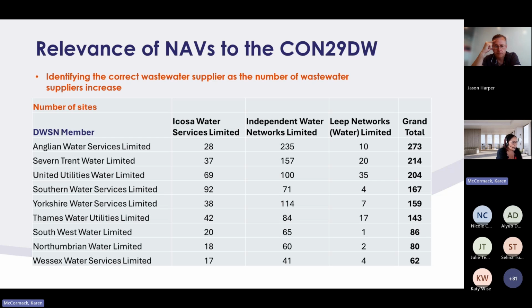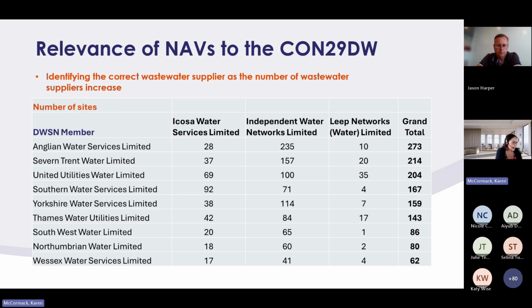So they do need to provide access to the data and have those systems and processes in place to provide the information, which can take a little time to get set up. So there is a stakeholder management piece for DWSN and its members. We're trying to educate the NAVs as they come online about the need to provide the water and drainage information.